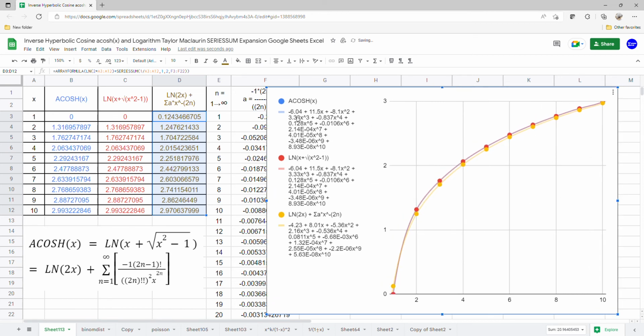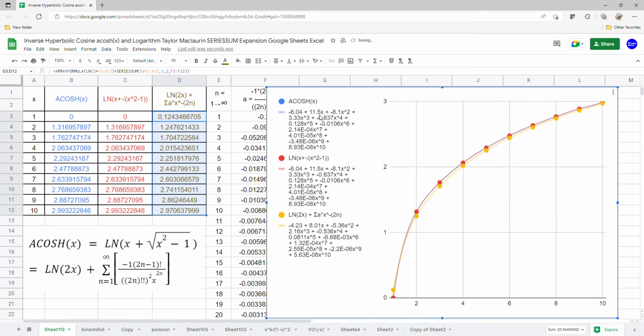So we have negative 0.604 and this is 0.423, and this is 11.15, also 11.5, and this is 8.01x. For x squared minus 8.1, and it's minus 5.36. For x cubed, it's 3.33, it's 2.16.